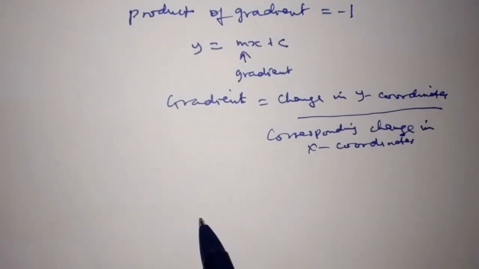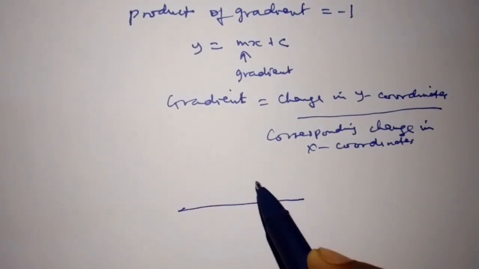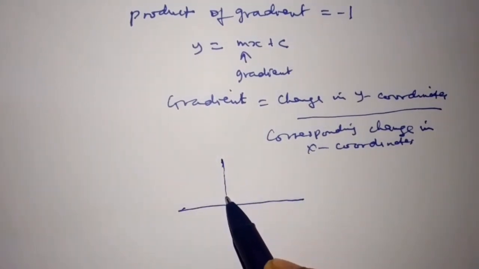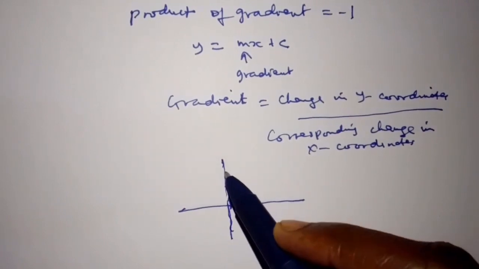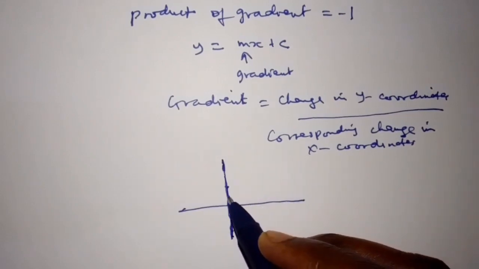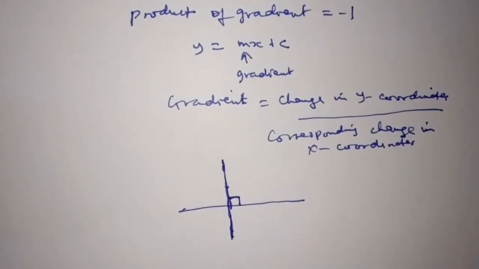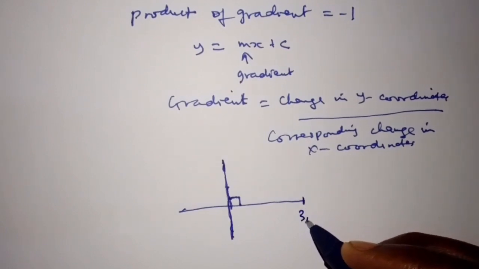We can maybe say something like this. This is not accurate, but it is a sketch. So a perpendicular line, this is 90 degrees. A perpendicular line is drawn from a point (3, 5). Maybe let's say this is point (3, 5).